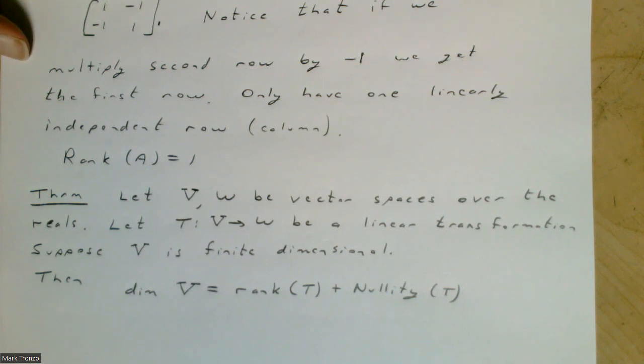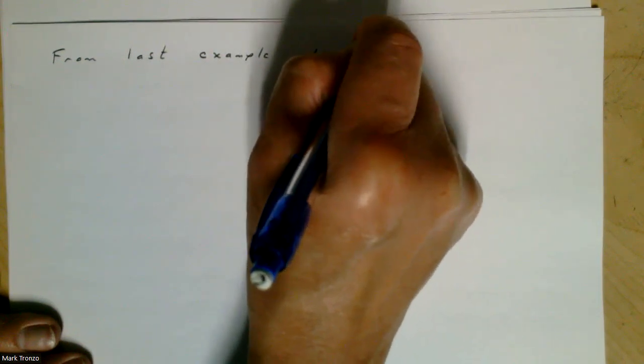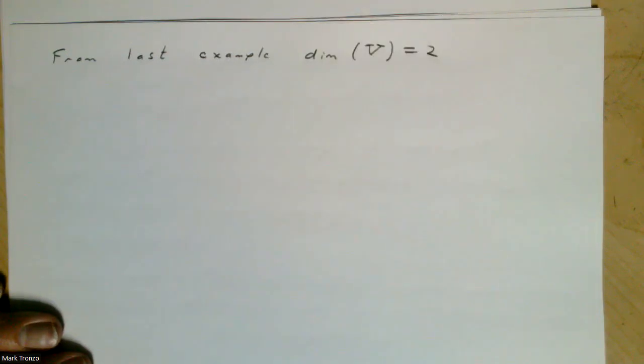And again, from our last example, notice that worked out. The dimension of our vector space V was 2 because we're putting in 2-dimensional vectors.